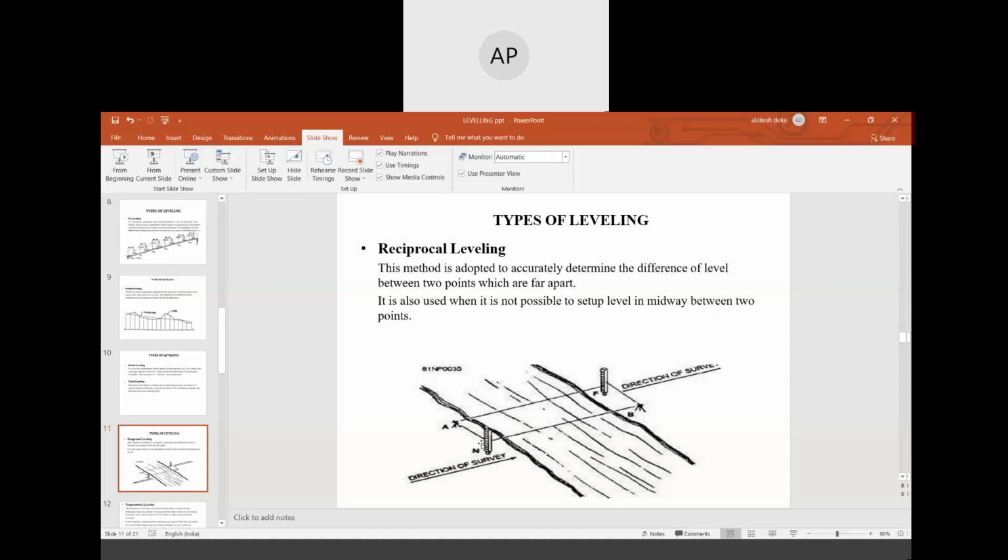That means if there are two inaccessible points, then you have to use reciprocal leveling. Suppose there is a river in between the two points, then you have to take reciprocal levels.